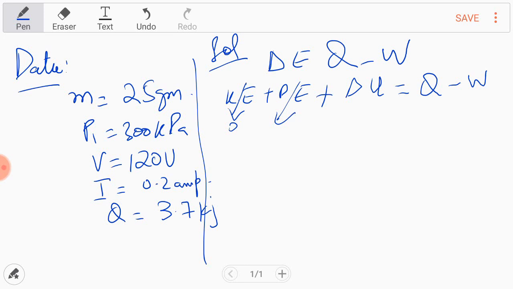There's no kinetic energy because the system is not creating any motion outside the boundary or surrounding, so it is 0.